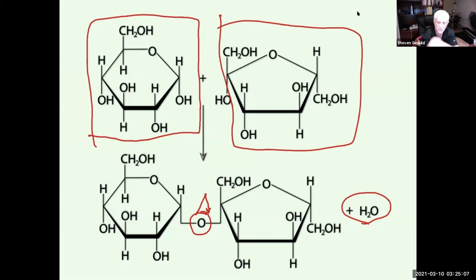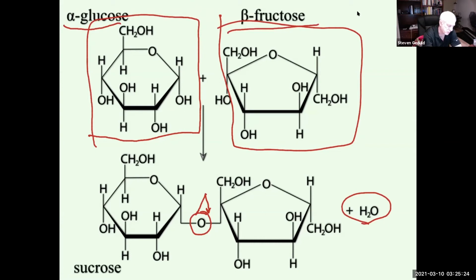In this case, it's a 5-carbon ring and then a 6-carbon ring. So this is alpha glucose, and this is beta fructose. Those link together, and it forms sucrose. Sucrose is table sugar, as we put in everything.